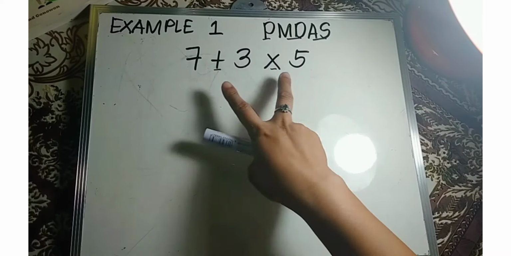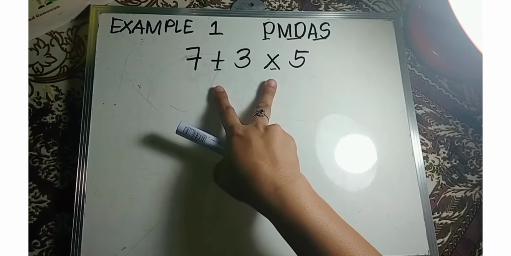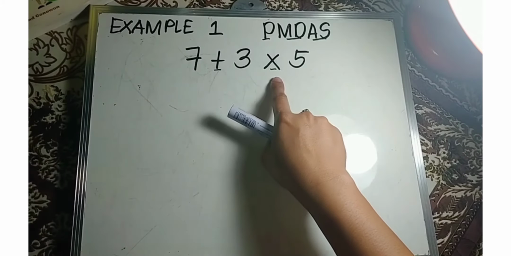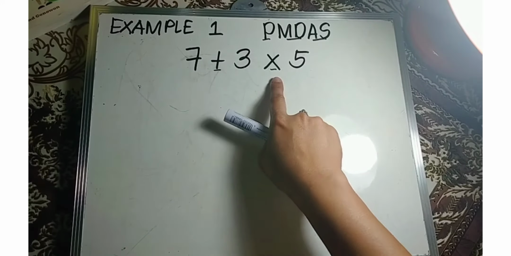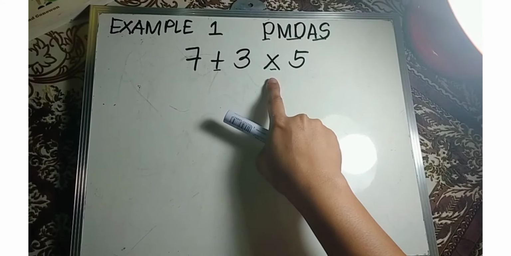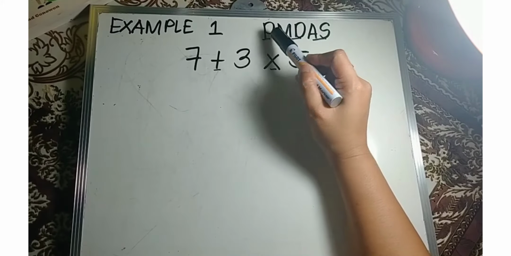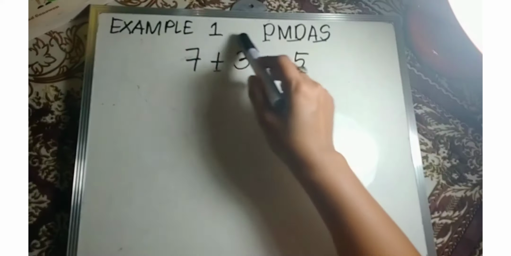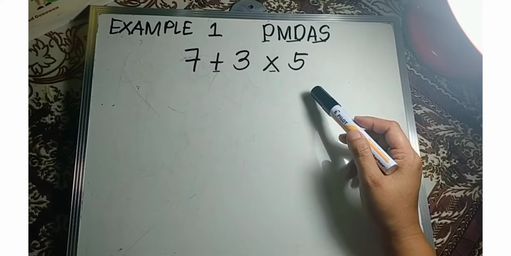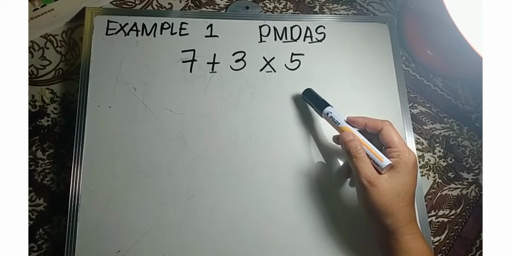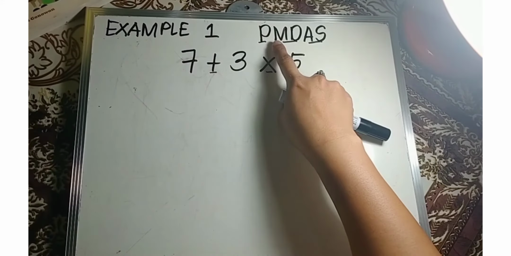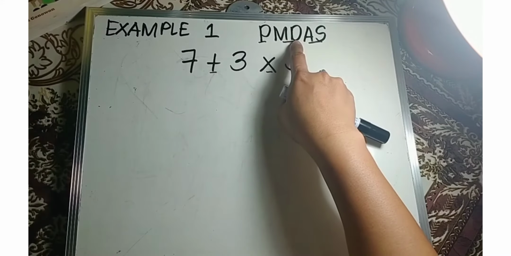So, kung mapapansin mo, we have 2 operations here, the addition and the multiplication. So, based on the PEMDAS, first to solve, or since wala tayong parenthesis here in a given example, the first thing is to proceed now to multiply or divide.